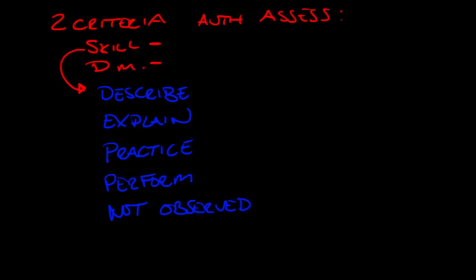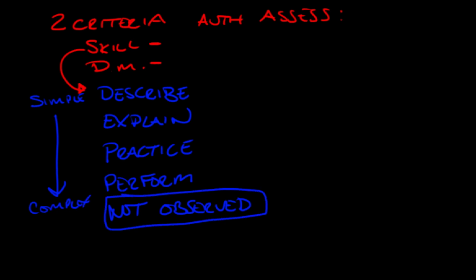All right, so under the skill-based criteria, students can fall into either this, going from simple down to complex. And obviously not observed is an option also.